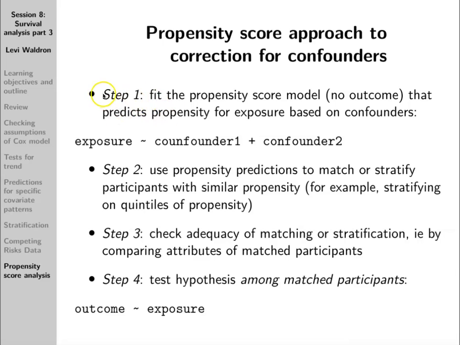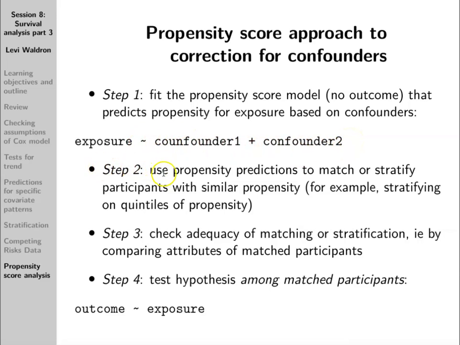So how does it work? Well, the first step is to fit your propensity score model. The outcome is not involved in this part, but it is where you predict the propensity for exposure based on confounders. So if your exposure is binary, such as exposed, not exposed, this is going to be a logistic regression model. All it is is a prediction model of your exposure as predicted by your confounders.